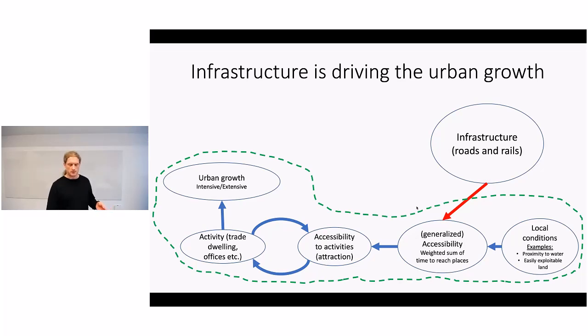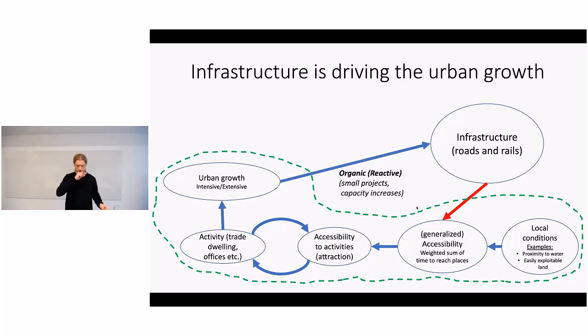So, next step, the urban growth will generate a demand for new infrastructure, for new roads, of course, because we will get capacity problems. A lot of people want to commute to the city center to work, so we will get congestion on the roads, for example. And the railways as well can get congested.